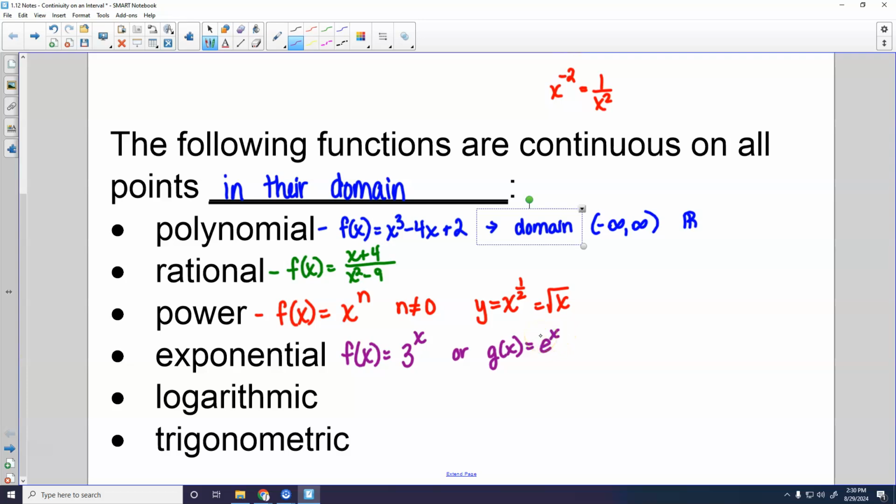Right, those are our exponentials. Logarithmic functions are going to have some sort of log, right? That could be like f of x equals log base 2 of x, or it could be the other one that we see that's very common, natural log of x.